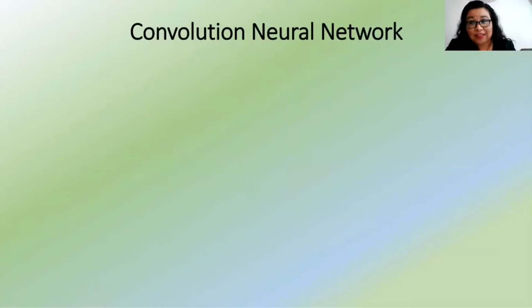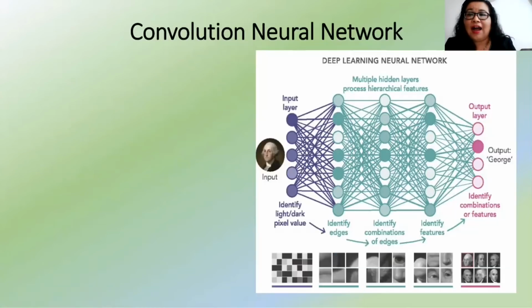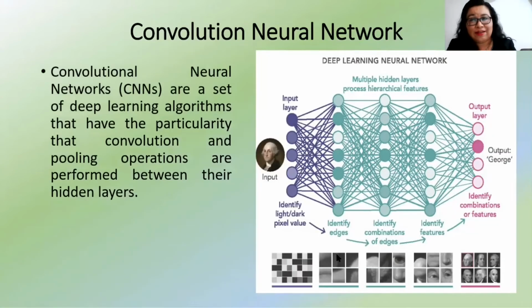Convolutional neural networks, CNNs, are a set of deep learning algorithms that have the particularity that convolution and pooling operations are performed between their hidden layers. This operation acts as an extractor of the most important features within the network architecture in the learning process.